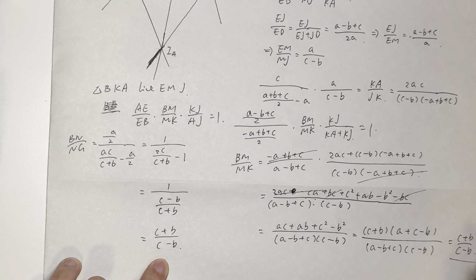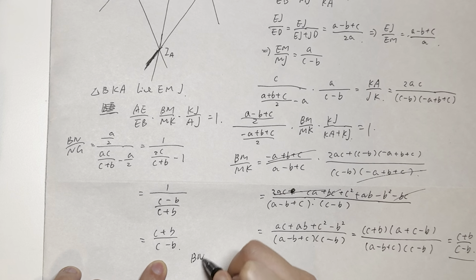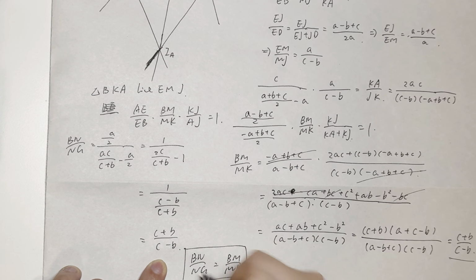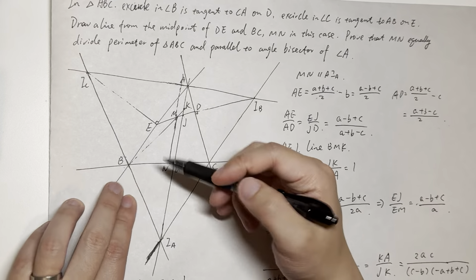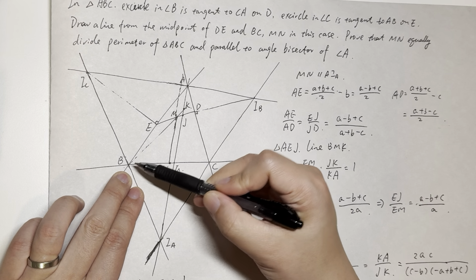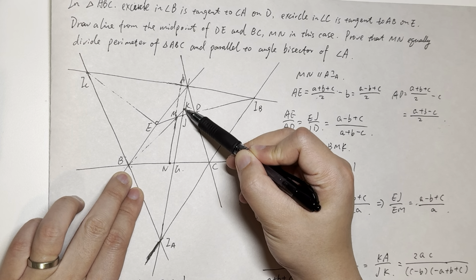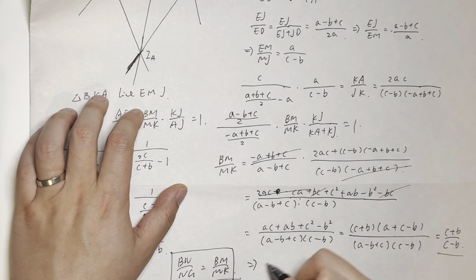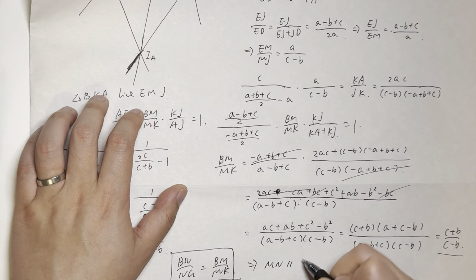See here? So we got BN to NG equals BM to MK, right? BN to NG equals BM to MK, which means MN is parallel with AG, right?